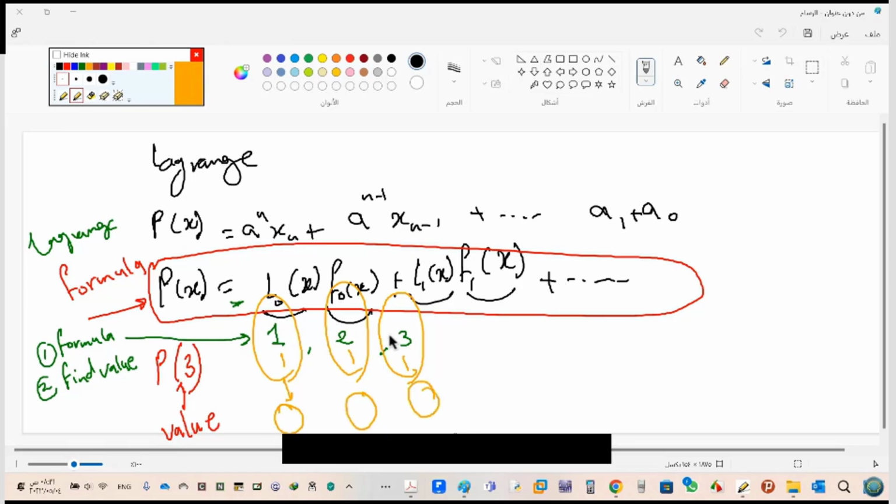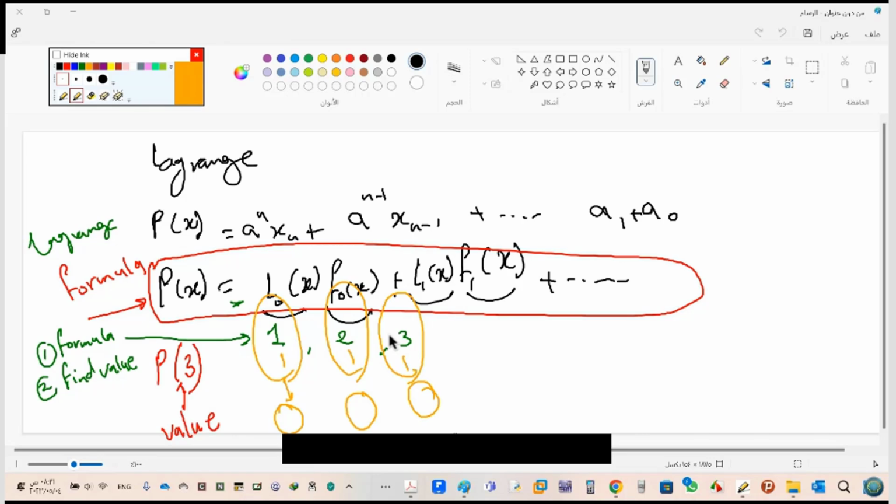And this is not an easy way. So in summary, if I want to find a formula, the first method was Lagrange, but Lagrange is based on the degree 1, 2, 3, and so on.